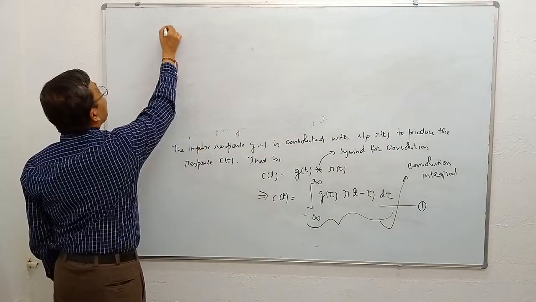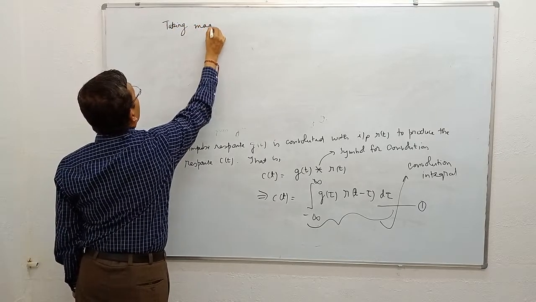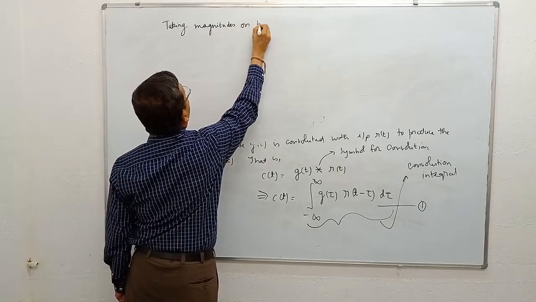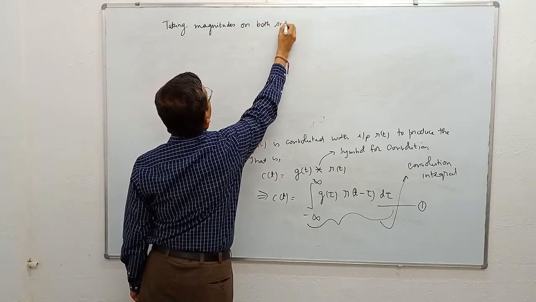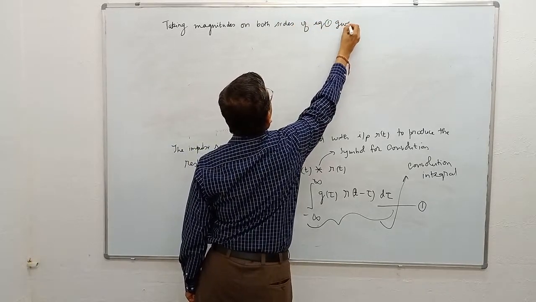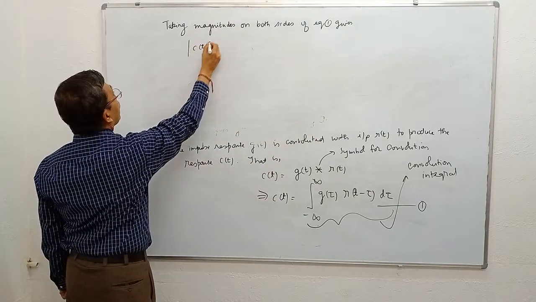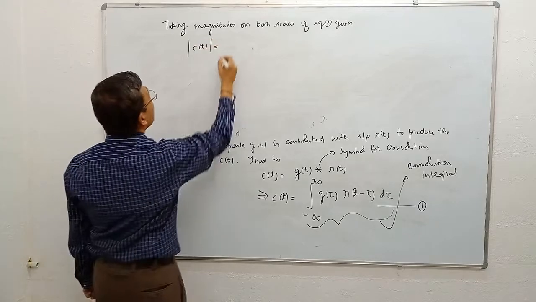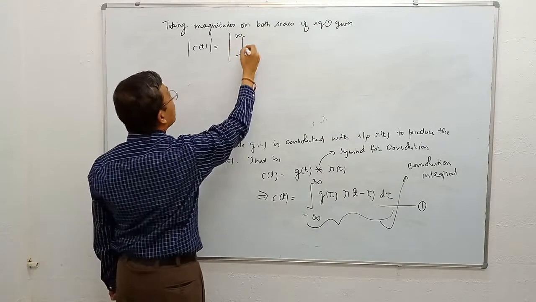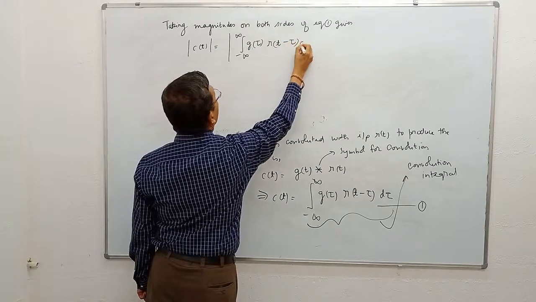Taking magnitudes on both sides of equation 1 gives magnitude of c of t equal to magnitude of integration from minus infinity to plus infinity g of tau into r of t minus tau d tau.